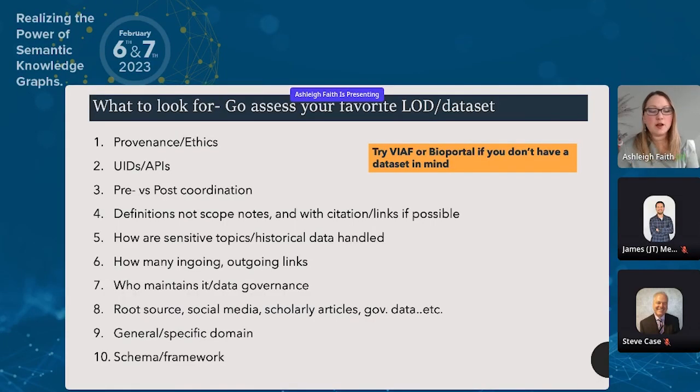How many ingoing and outgoing links? So if you have a ton of incoming links in your link data source, that means that you have potentially a higher confidence because it means a lot of other vocabularies are agreeing or have a similar concept. If you have a lot of outgoing and not a lot of incoming, that doesn't necessarily mean bad.